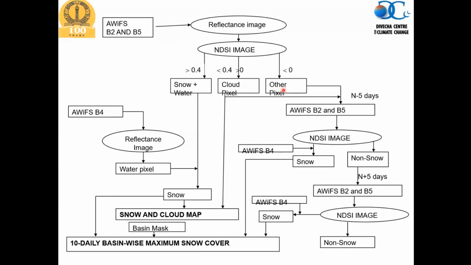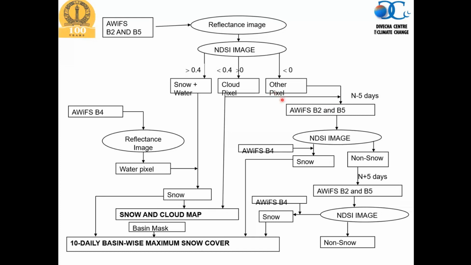So you remove the cloud pixel and you do nothing with that. Just remove the cloud pixel. Correct. And then you take the other pixels which are less than 0. Sorry, these cloud pixels will go into this N5.